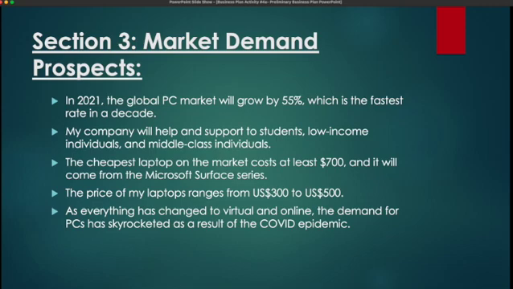As I told you on the previous slide, my products will be in the interval of 300 through 500 bucks. Since the pandemic happened, not only in the United States but also in the world, the demand for computers and tablets has increased because everything has changed to virtual and online.